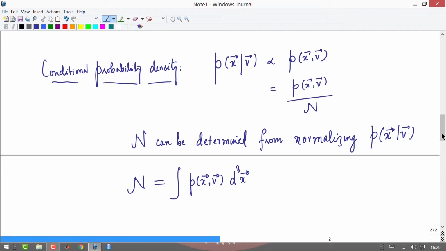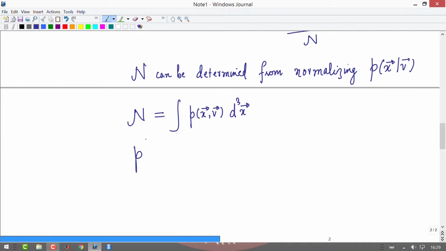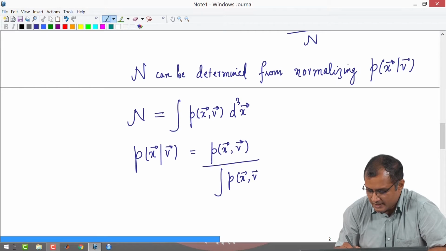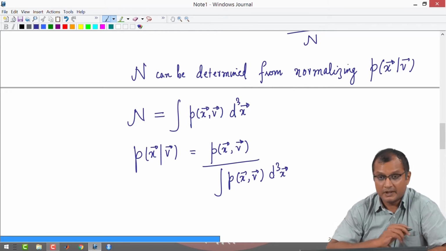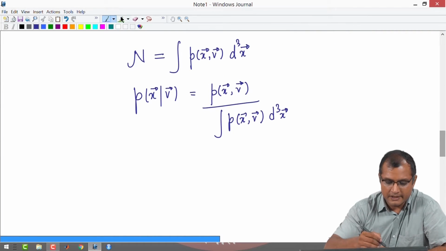Hence I can write down the conditional probability density of finding a particle at location x such that its velocity is fixed to v. This is given as the joint probability density divided by the norm, which we have just computed as the joint probability density integrated over all space. That is the beautiful result.